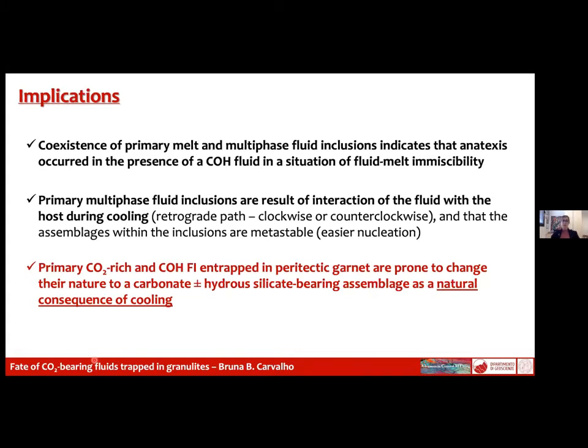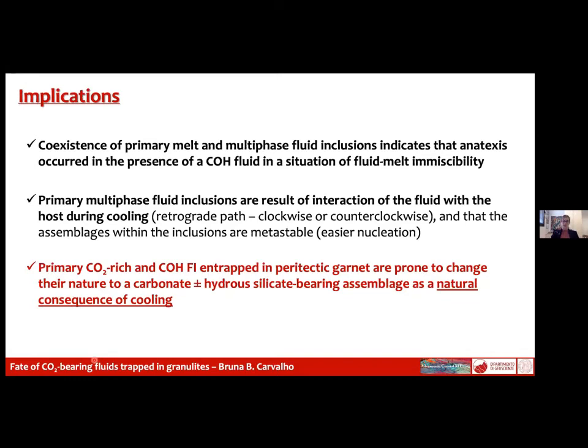So this means that primary CO2-rich inclusions or COH fluid inclusions entrapped in peritectic garnet are prone to change their nature to a carbonate hydrous-bearing silicate assemblage as a natural consequence of cooling.